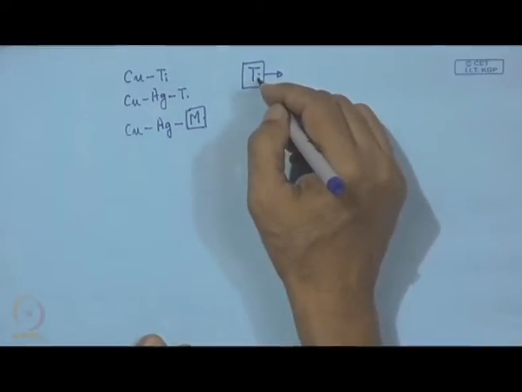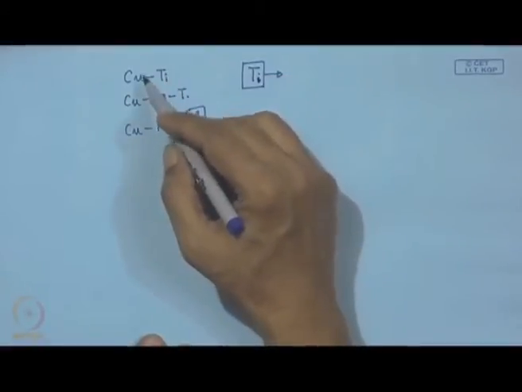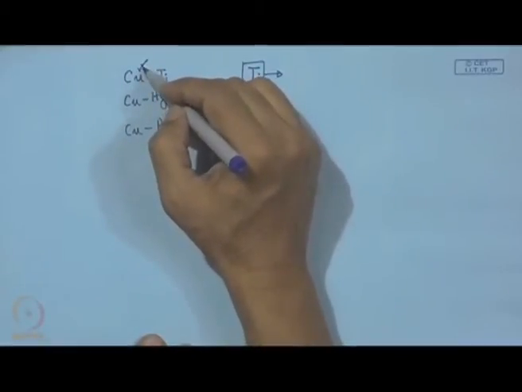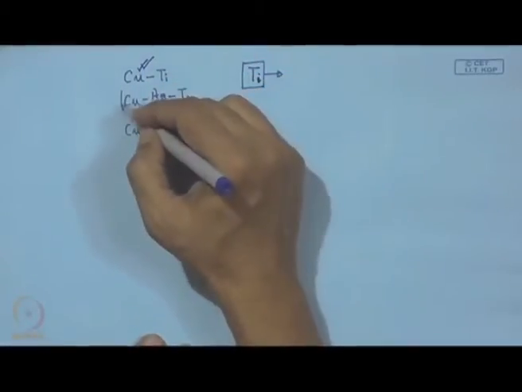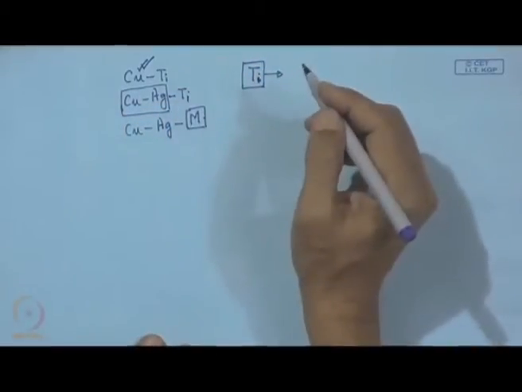How much is the heat of solution, what will be the level of solubility in that parent metal or parent alloy, and what will be the activity level of titanium?